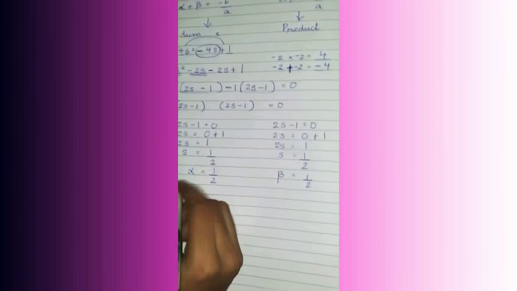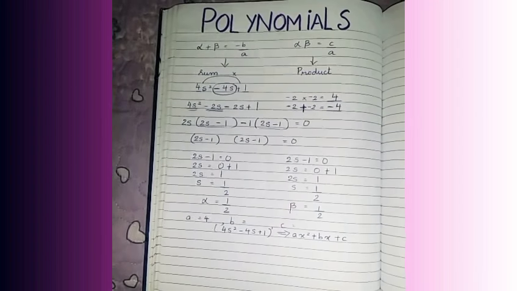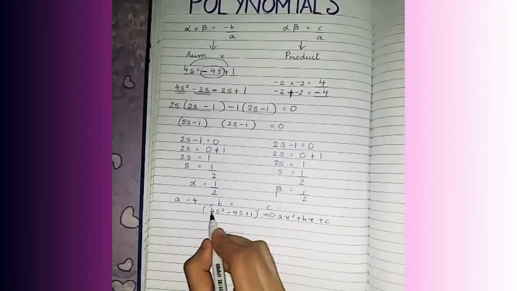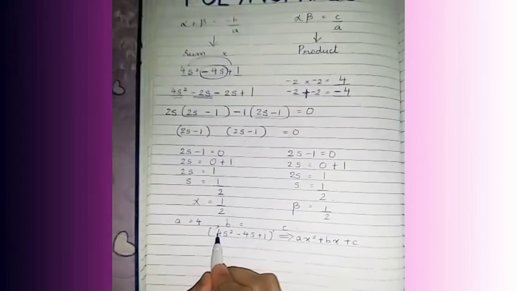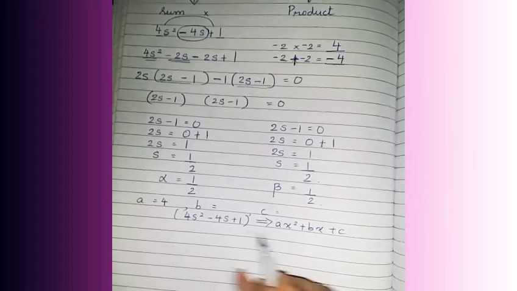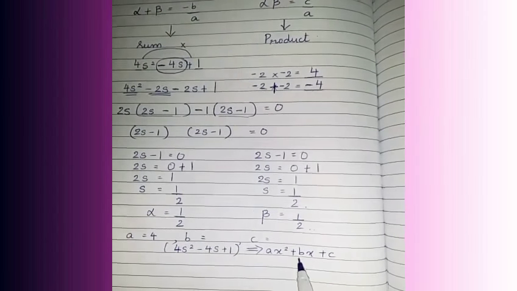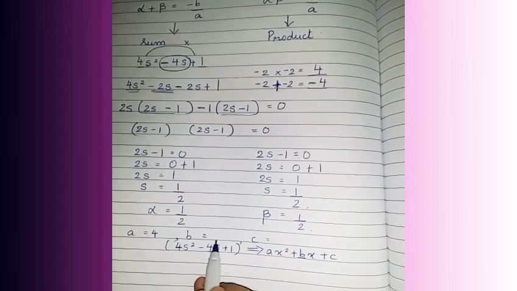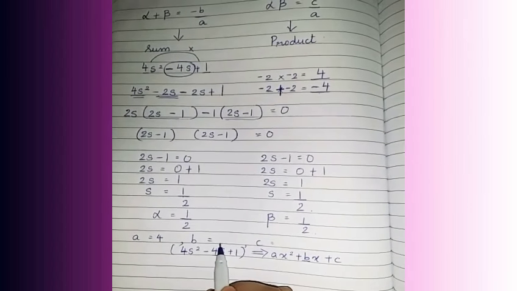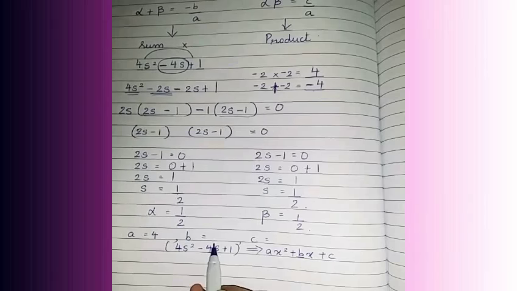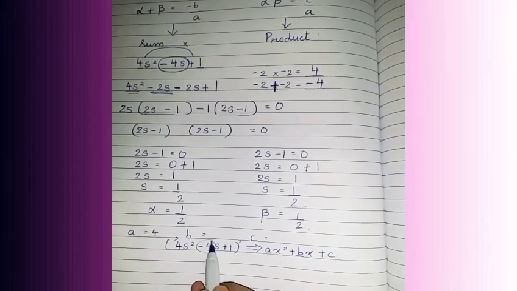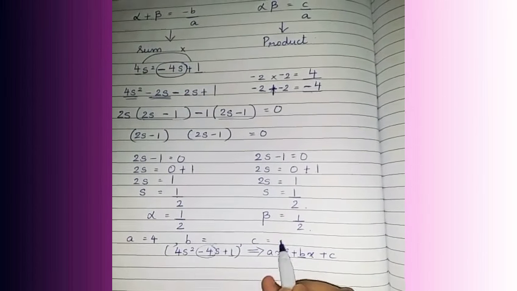So here in the question it is given that 4s square minus 4s plus 1. According to the formula, a is 4, then b is also 4, but it is minus 4. We have to take it together with the sign, and c is 1.